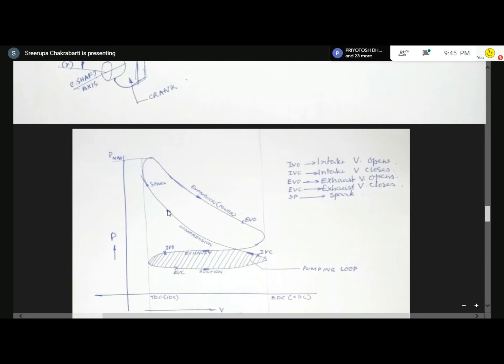Much less. As the compression proceeds, the pressure gradually increases. If we advance the spark more during the compression stroke, then the pressure of the gas is much less, and even if you do the spark, it will not burn.